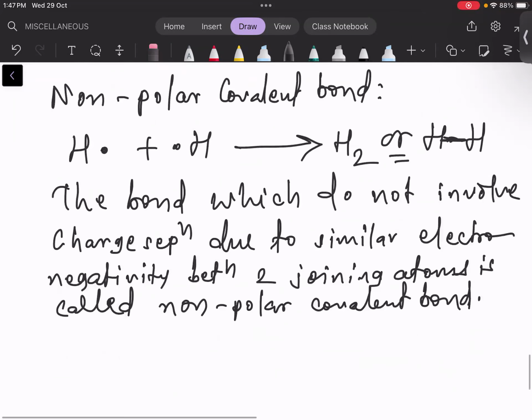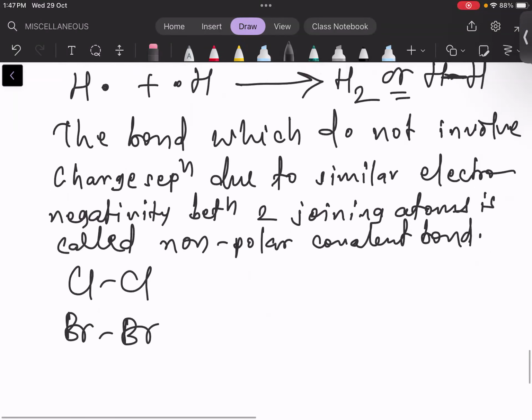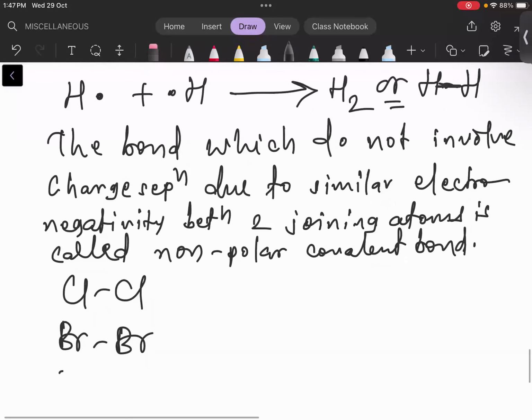Best examples: the bond between two chlorine atoms, two bromine atoms, two iodine atoms. That is a non-polar covalent bond. Is there any doubt?